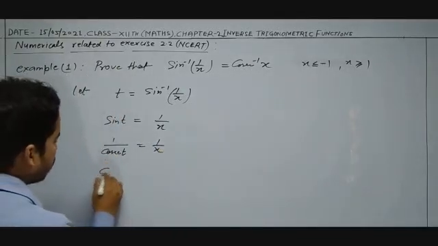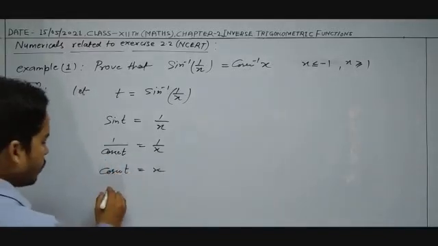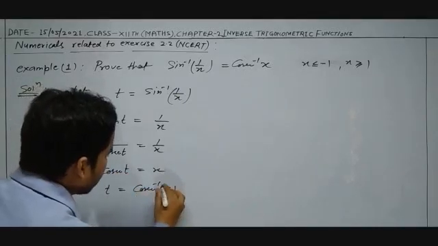It means cosec t is equal to x. Therefore t is equal to cosec inverse x.